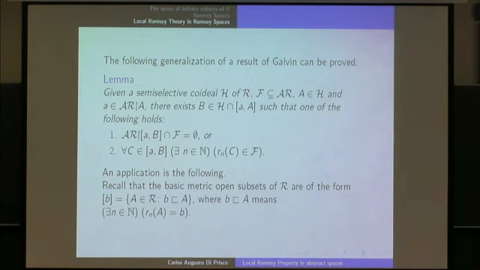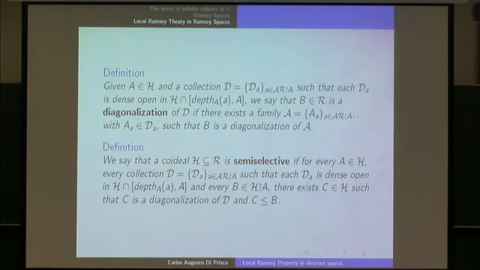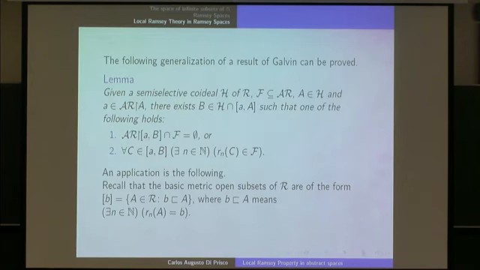Given a semi-selective coideal of a space like that, a collection of finite approximations, a set A in H and a finite approximation a, we can find a B such that if we relativize everything to B, our collection of finite approximations is empty, or every element of this basic set starts with a finite approximation coming from F.